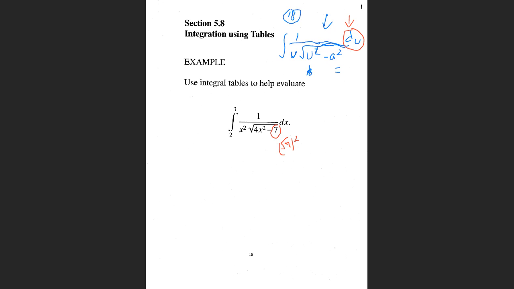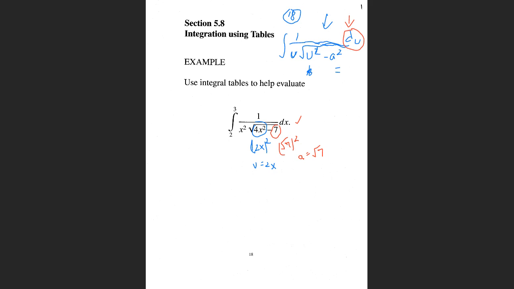Now the u squared goes with the 4x squared. If we thought of it as 2x quantity squared, we'll let u equal 2x, so a equals root 7, and we'll let u equal 2x. We can make a substitution for our integral to help us.